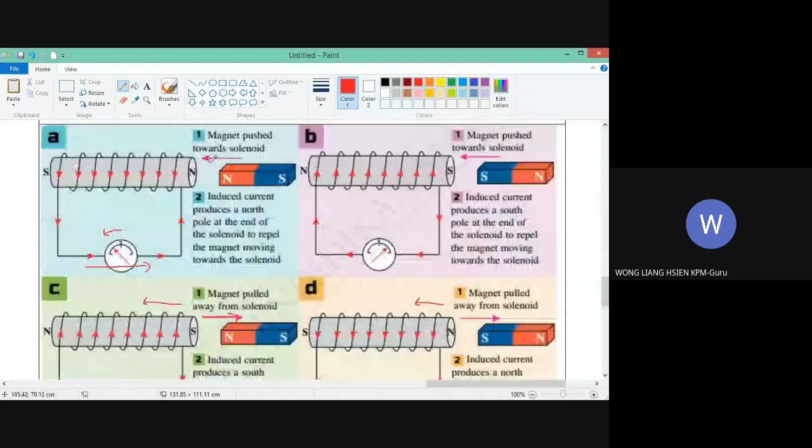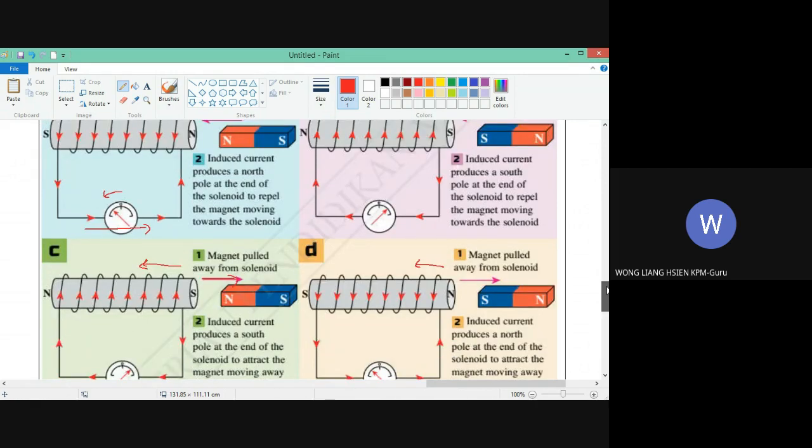You want to pull out, it will pull you back in. You see, north, south. Based on this concept, where it will always oppose your motion, we use this concept to find out the direction of the induced current.